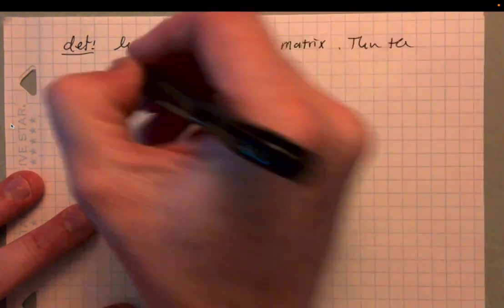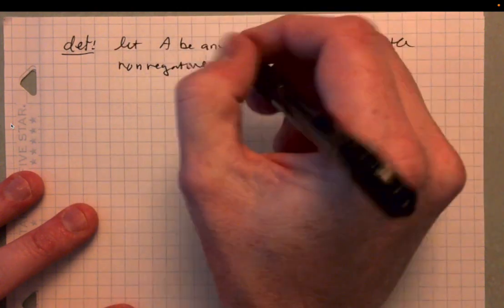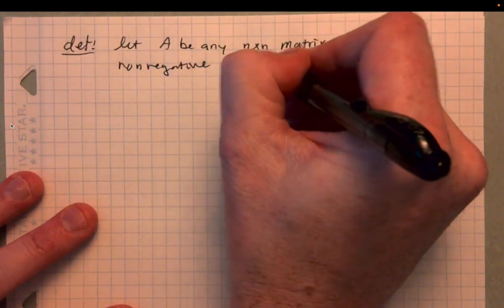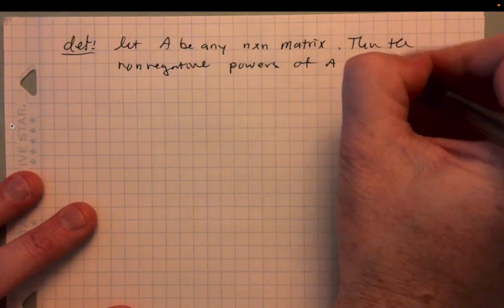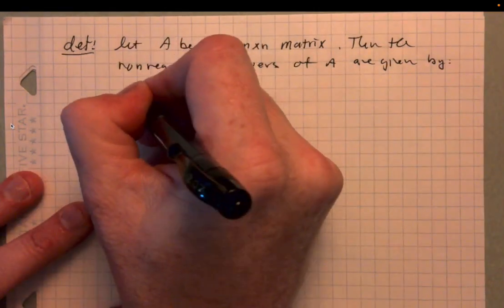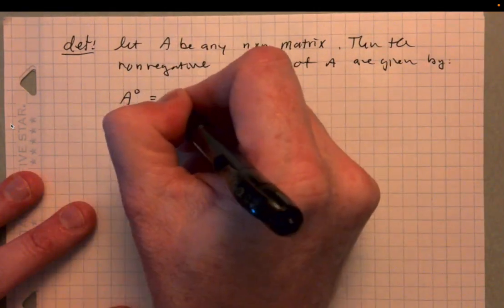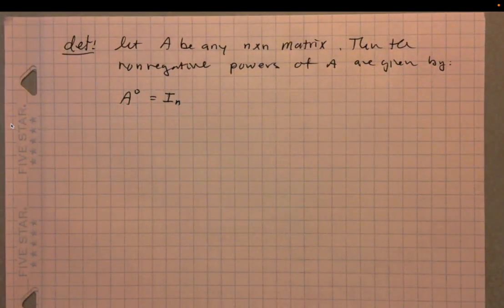So let A be any n by n matrix. Then the non-negative powers of A are given by, well, A to the 0 power, and we define that to be the n by n identity matrix.